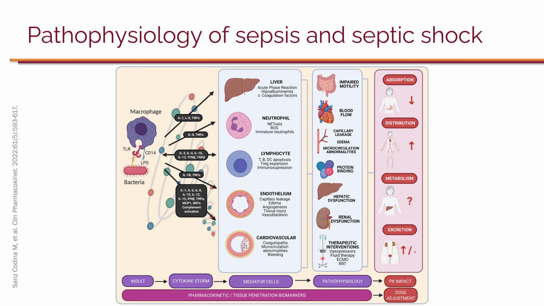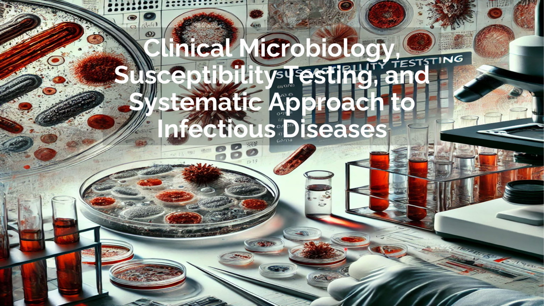So if we're giving a lot of fluids, if there is renal replacement therapy, or if there is ECMO, all of these affect various pharmacokinetic parameters that can affect dosing of agents, and those are extremely important to keep in mind for us as pharmacists.